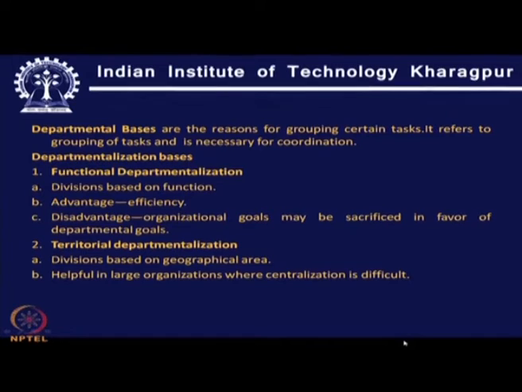Territorial departmentalization is division based on geographical area, helpful in large organizations where centralization is difficult.